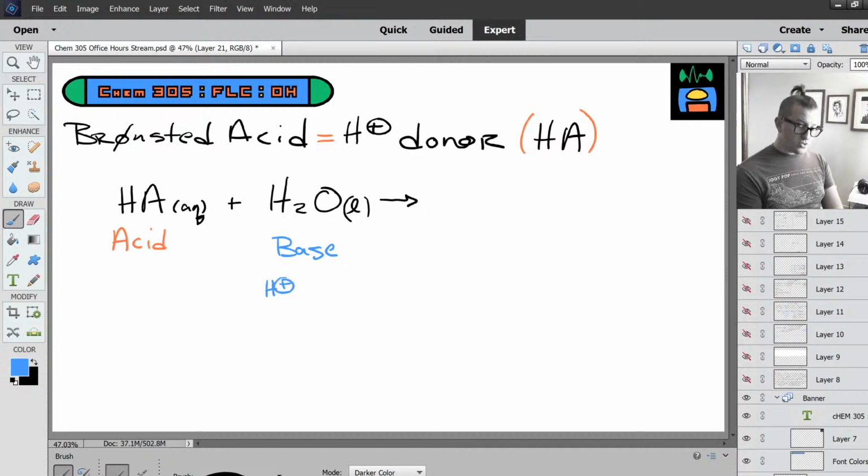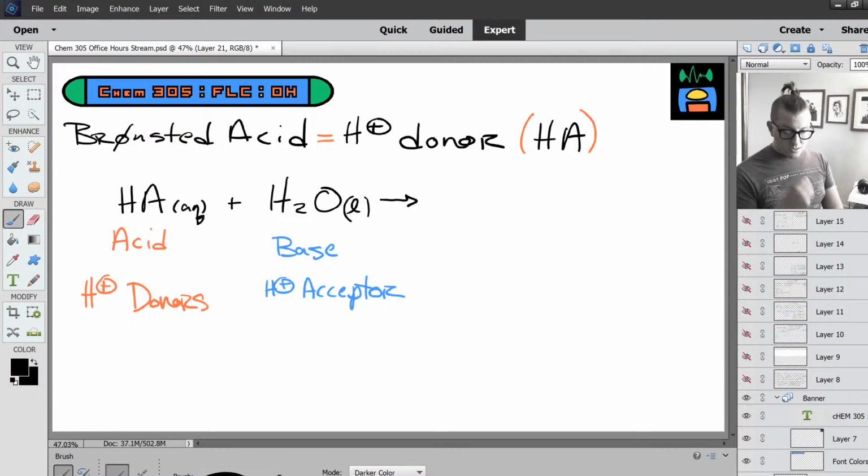Bronsted bases are H+ acceptors. Bronsted acids are H+ donors.